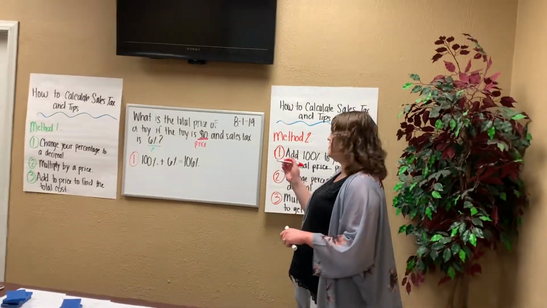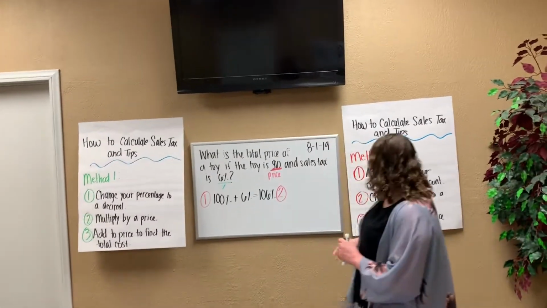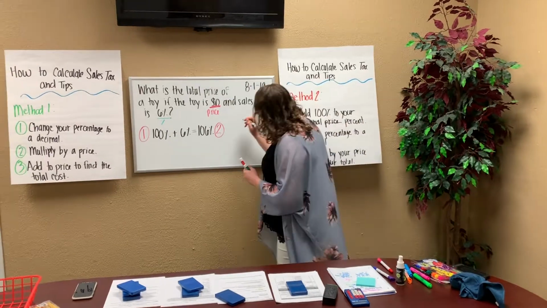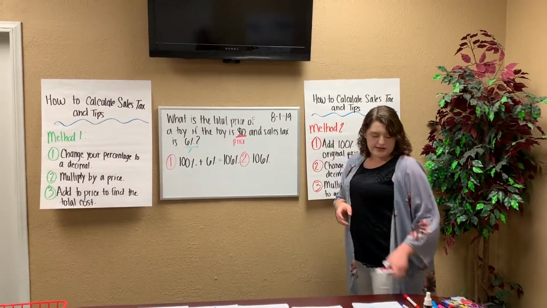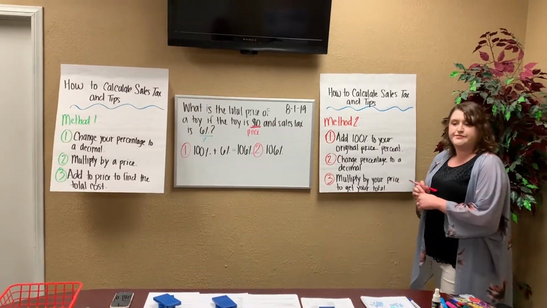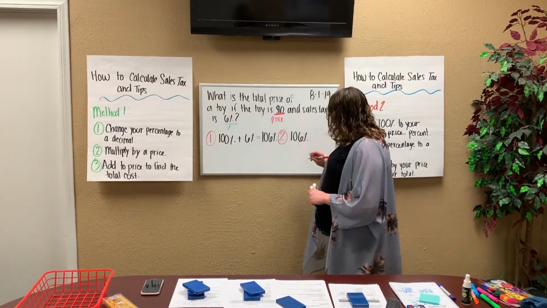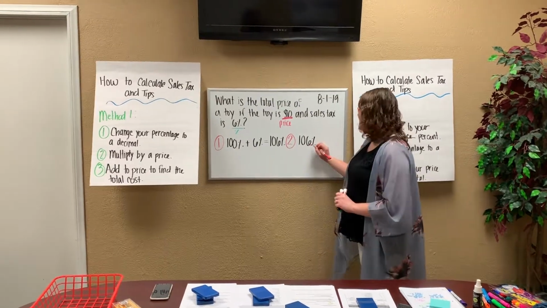Now, my second step is I'm going to change my percentage to a decimal. So this is my percentage right now, 106%. How do I change it to a decimal? Move it twice to the left.